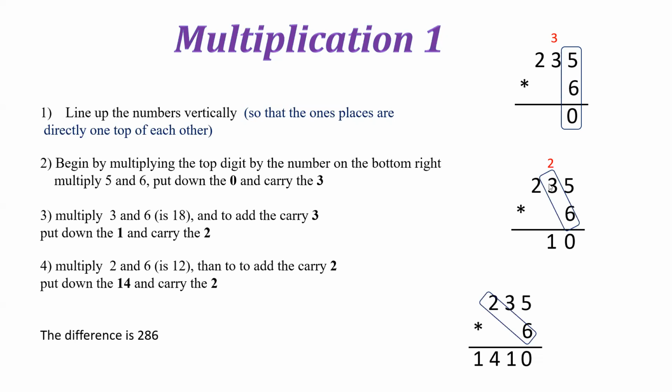Next, multiply 3 and 6, it is 18, add the carried 3. So it is 21, write 1 and carry the 2. Next, multiply 2 and 6, it is 12, add carry 2, it is 14.